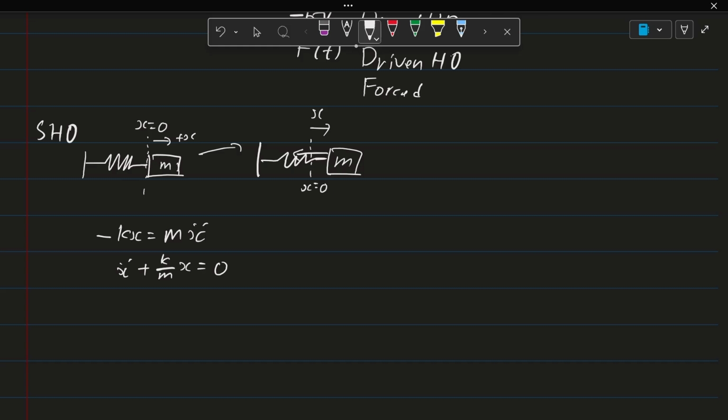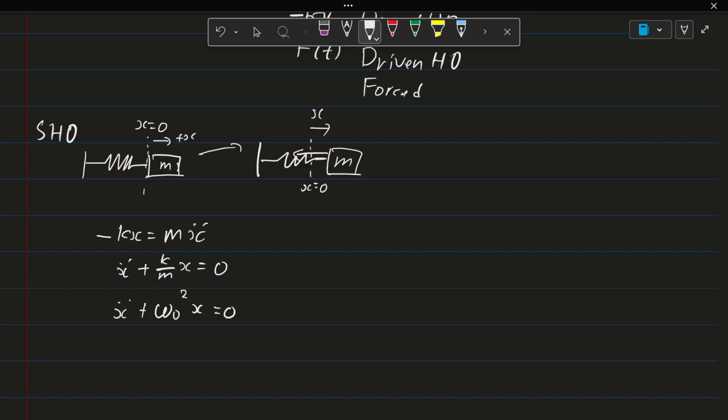To make this much simpler, we could denote k over m to be omega 0 squared. And this will actually give us a very elegant solution.